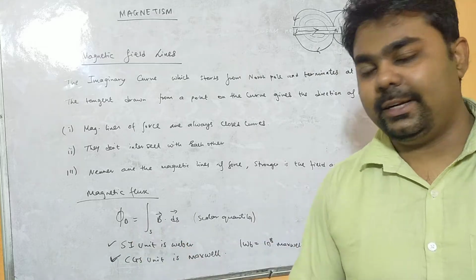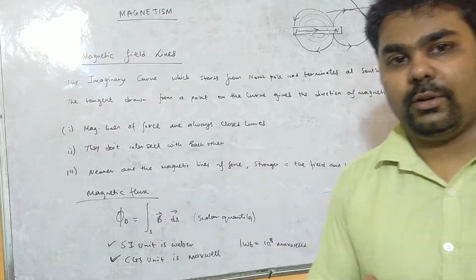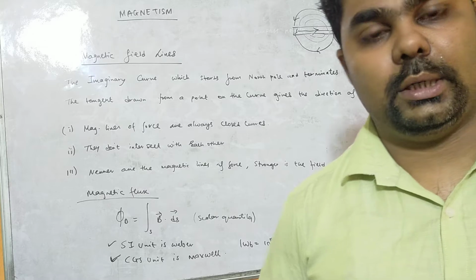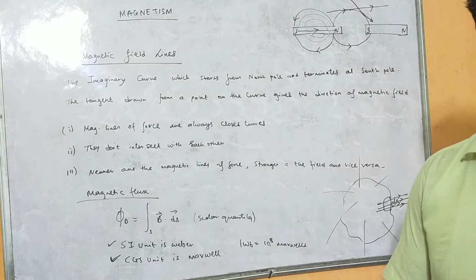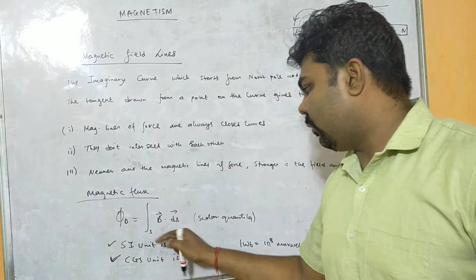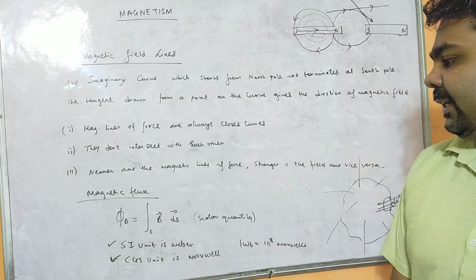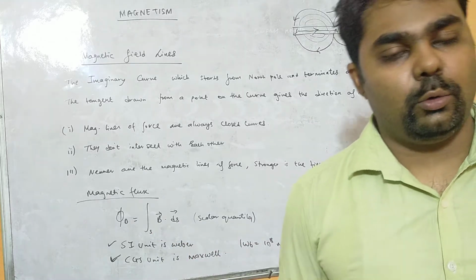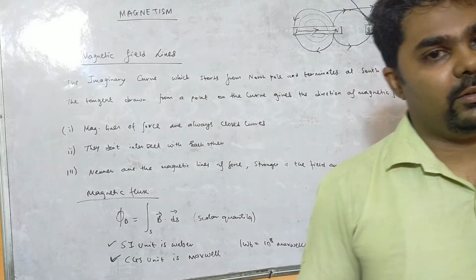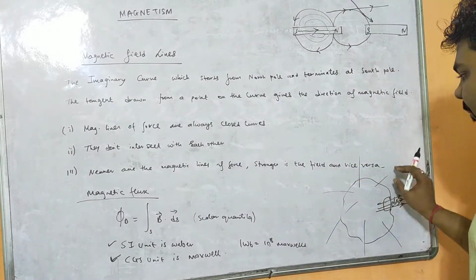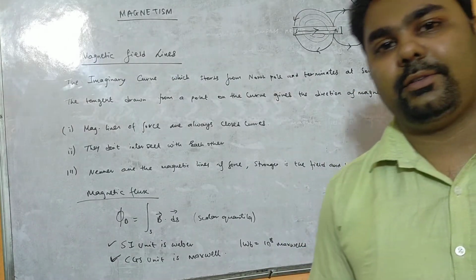The number of magnetic lines of force emerging from that surface is expressed in terms of phi B. B here means magnetic flux; phi we know is a flux, and in the previous chapter we had phi E, the electric flux, here phi B. So the integration over a closed surface equals B dot ds. Magnetic flux is again a scalar quantity, because it doesn't have any fixed direction. The flux is coming out from each and every direction.